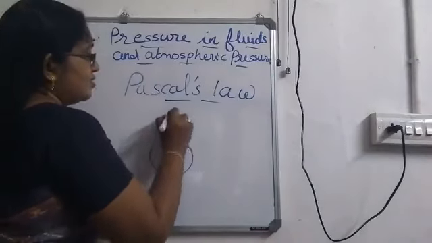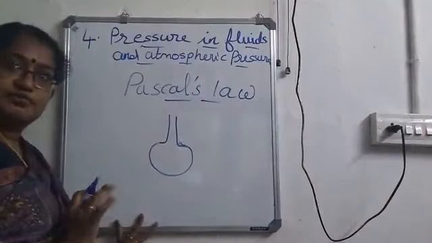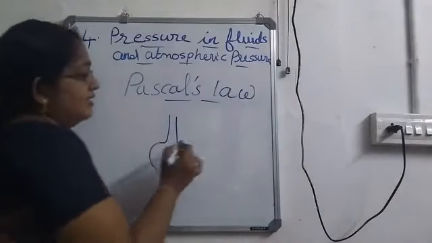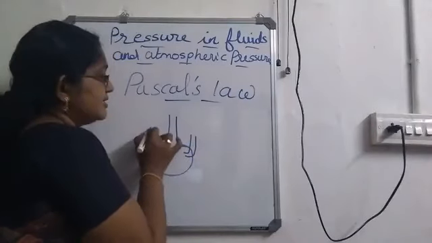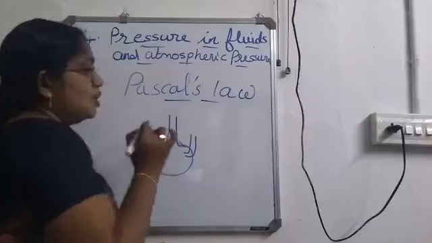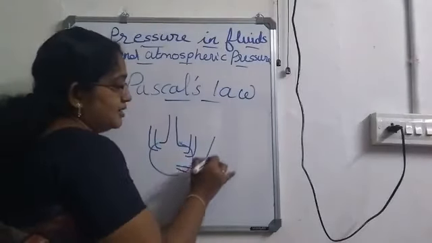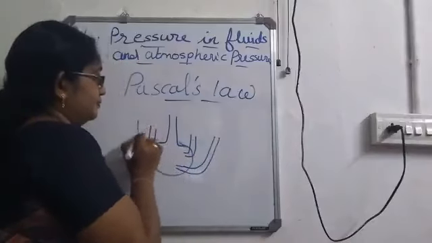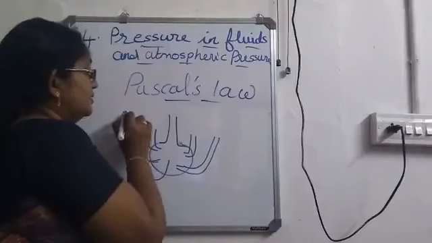So we are considering a round bottom flask. The specialty of this flask is it has many small pipes. Small tubes or pipes are connected to it like this. Many tubes are connected to it.